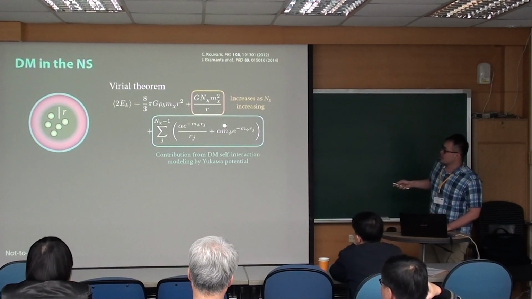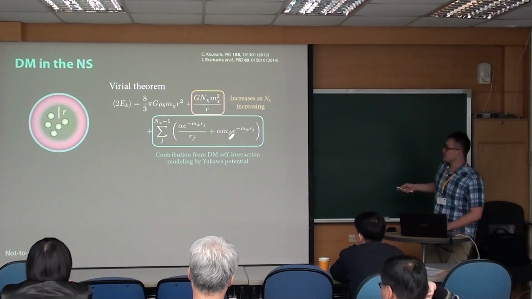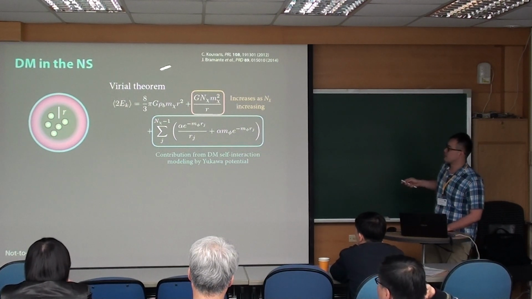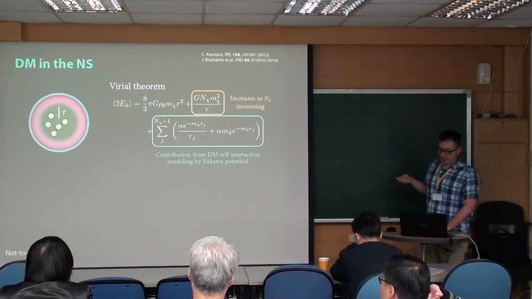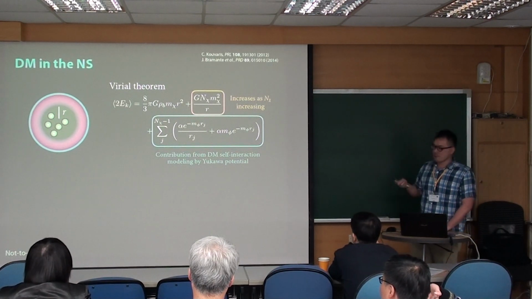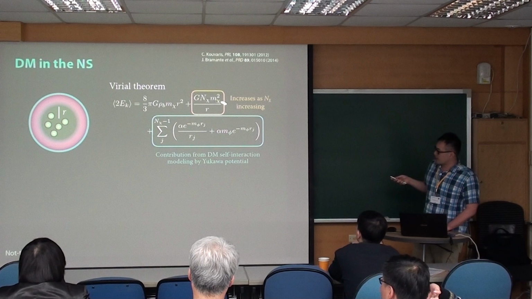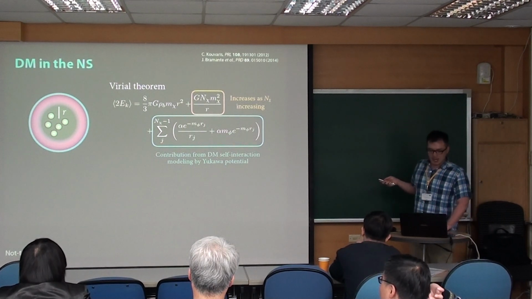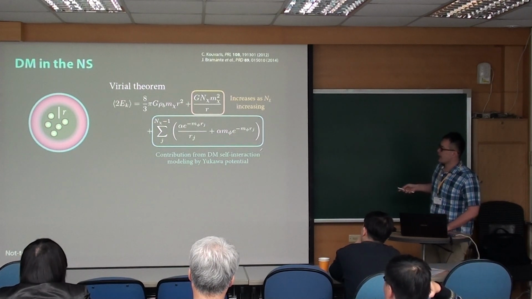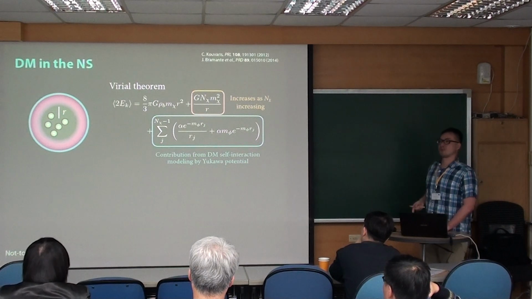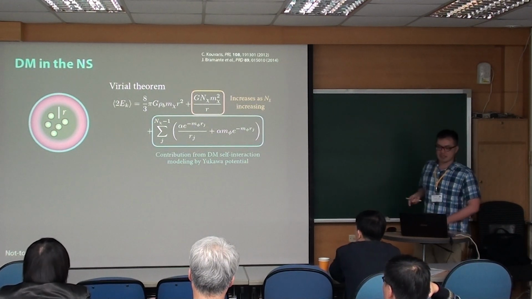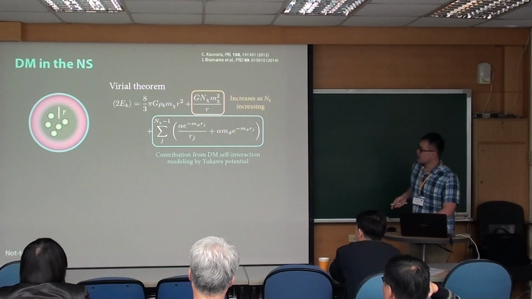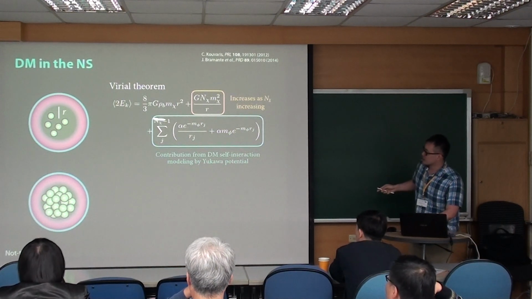However, when the dark matter particles keep accumulating inside the star, the potential on the right-hand side becomes more and more significant. After a certain point, when the dark matter number is large enough, the potential term can overcome the thermal pressure term. In that case, this equilibrium cannot be sustained anymore.